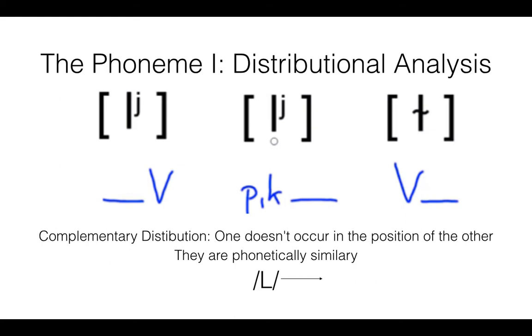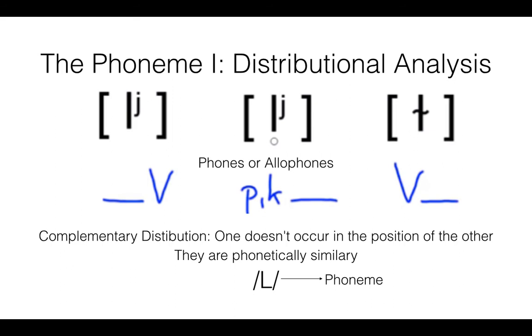And this phoneme has got different phones or allophones. It has got different pronunciations. From this analysis here, it has got different phones or allophones, which are palatalized, devoiced, and velarized, because of this criterion of phonetic similarity and because of this criterion of complementary distribution.